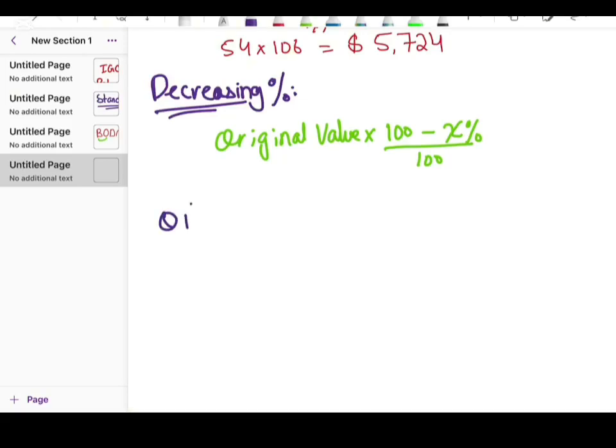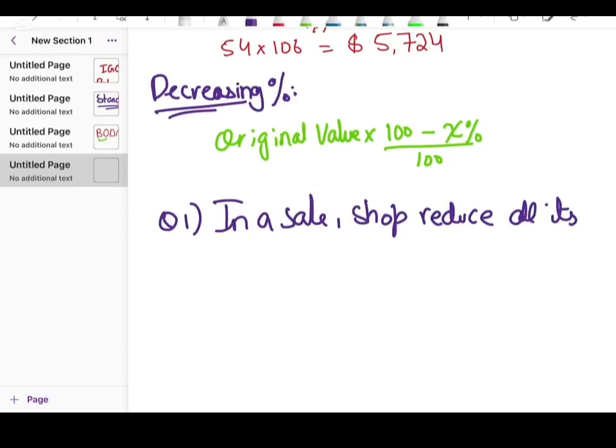The question we have: in a sale shop, reduce all its prices by 40%.